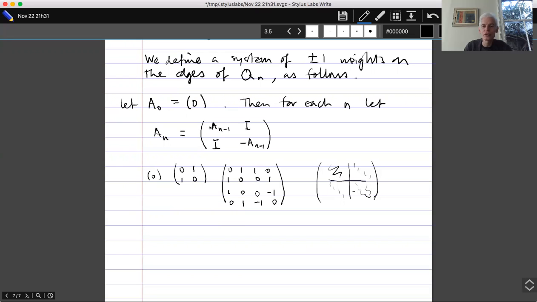If I take two rows in different halves, so supposing I take the ith row here and the jth row here, then I'm taking the ith row of an minus 1 inner producting with the jth row of the identity, and here I'm taking the ith row of the identity and taking its inner product with the jth row of an minus 1, but subtracting. And because an is a symmetric matrix, let's just quickly see what we get.